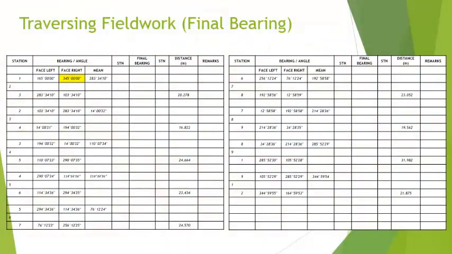With the final mean bearing and the face right bearing of datum, the difference indicates the accuracy of a traverse, especially one conducted using a total station. If the traverse was conducted using analog equipment such as a theodolite, the accuracy may be affected by distance too.